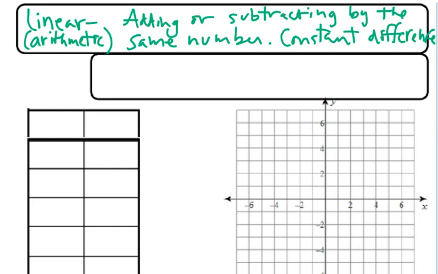Alright, so with linear, when we talk about our rate of change, I forgot an "of," didn't I? Let's make that a different color. Rate of change. With that, that's just the number we're adding or subtracting.